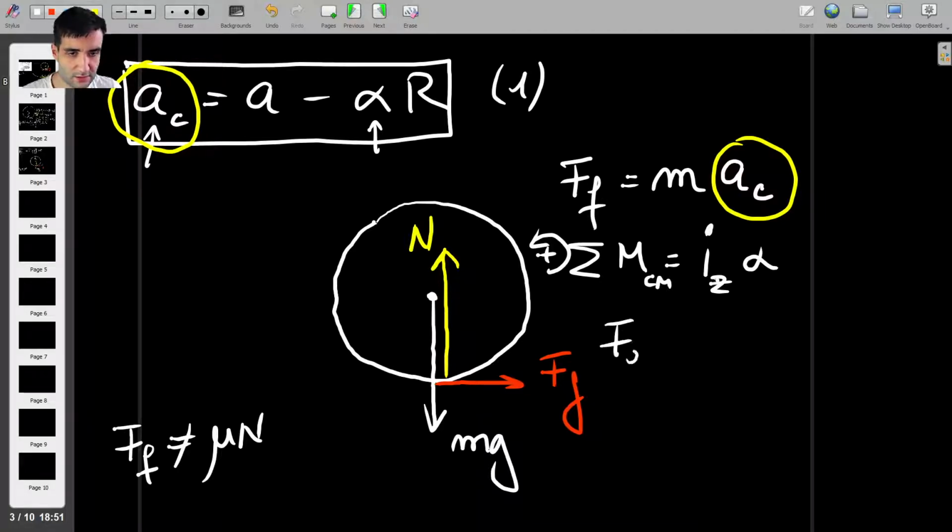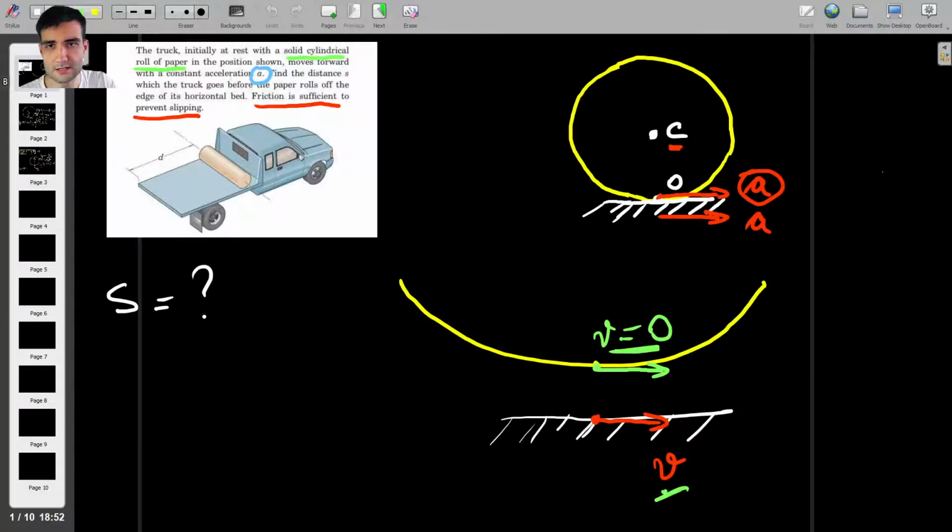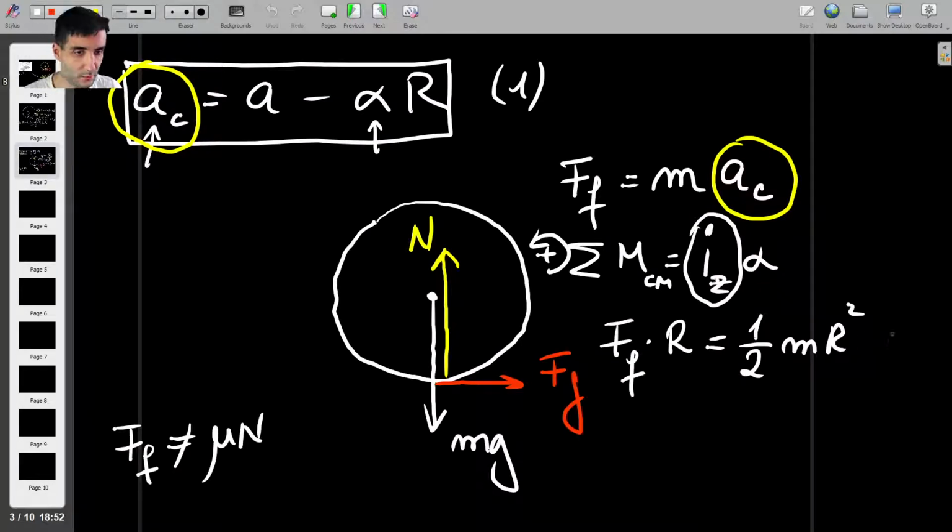So that will give us that friction multiplied by the moment arm, which is r, is equal to the moment of inertia. Now, the moment of inertia for a cylinder, you can look it up, or maybe you even remember it, is actually 1/2 mr squared. And this only works if the cylinder is solid, as the question tells us. Okay, and then we have multiplied by alpha.